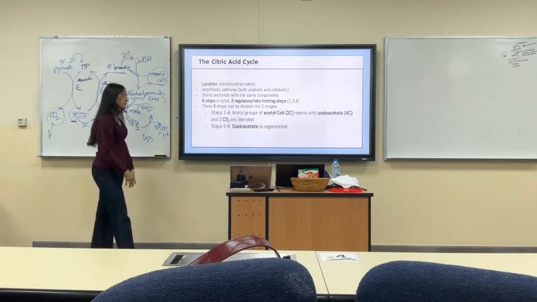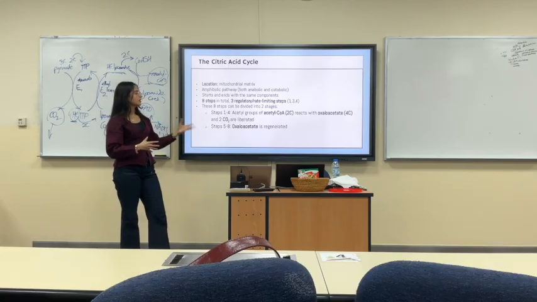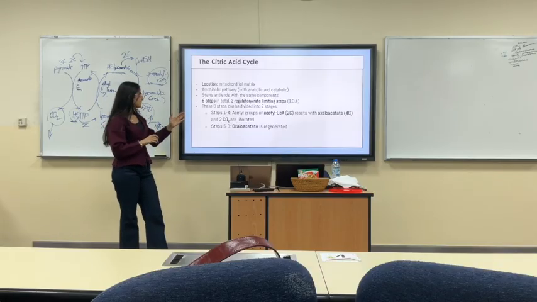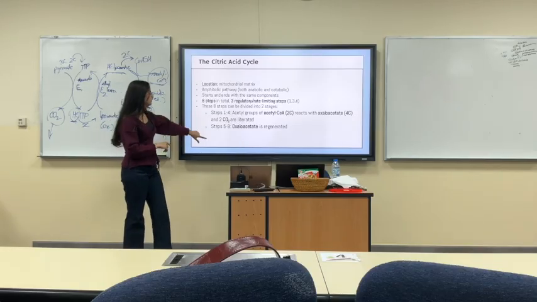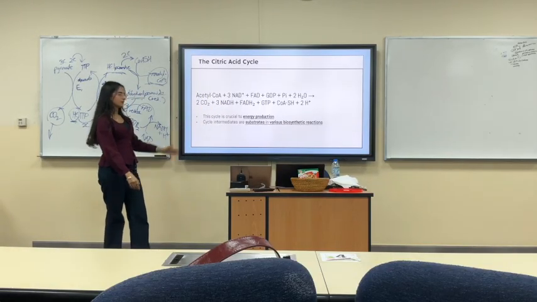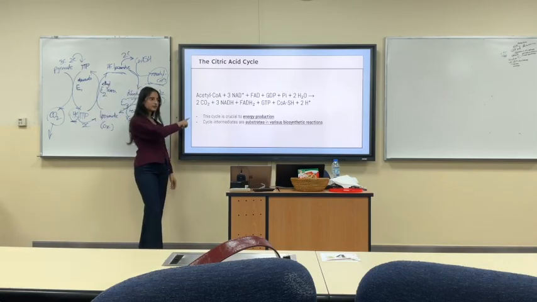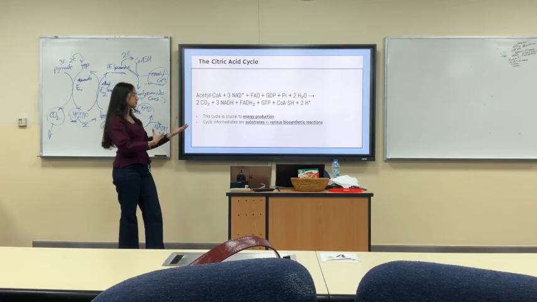The main aim of steps 1 to 4 is for the acetyl groups of acetyl-CoA to react with oxaloacetate, and 2 carbon dioxide molecules are liberated. In steps 5 to 8, oxaloacetate is regenerated. So this is the general reaction of the citric acid cycle. You will need to remember that 2 carbon dioxides, 3 NADH, and 1 FADH2 are produced, and we will go over each step so that you remember where it's produced and where it's used up.